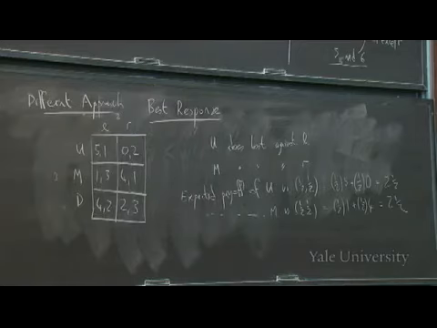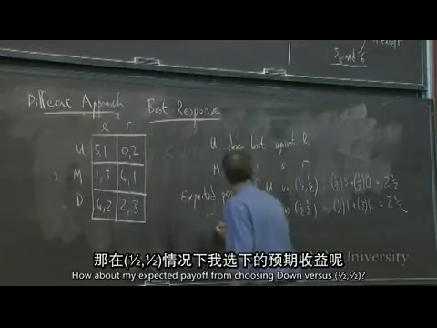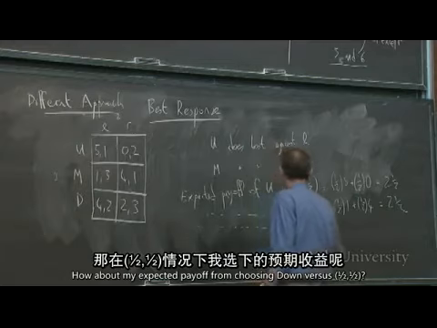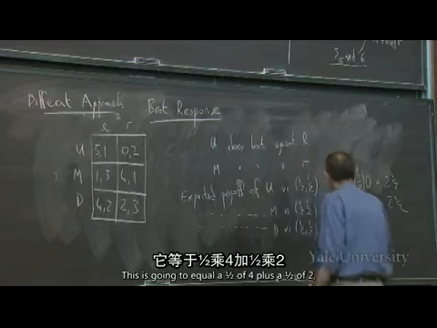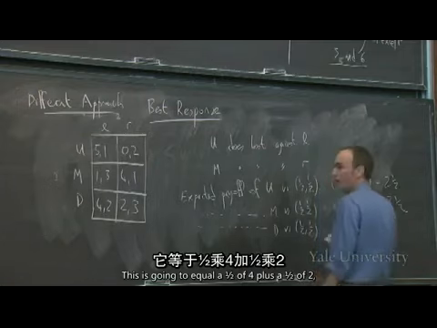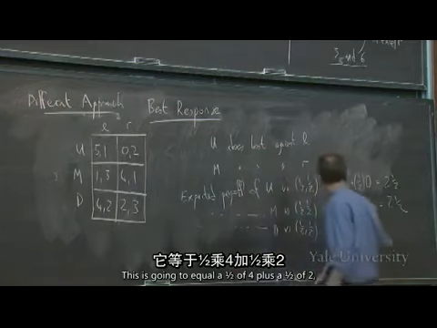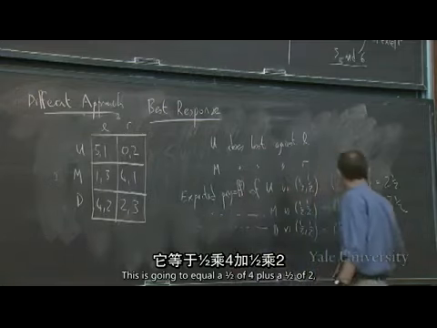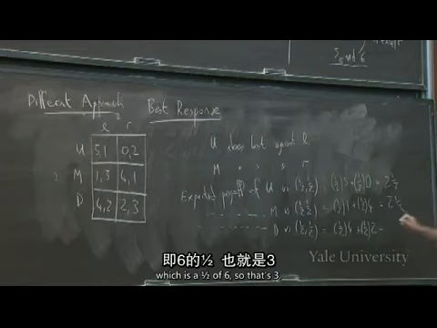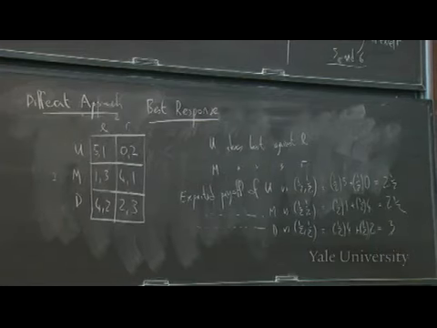All right. And how about my expected payoff from choosing down versus a half-half? This is going to equal a half of 4 plus a half of 2, which is a half of 6, so that's 3. Right?